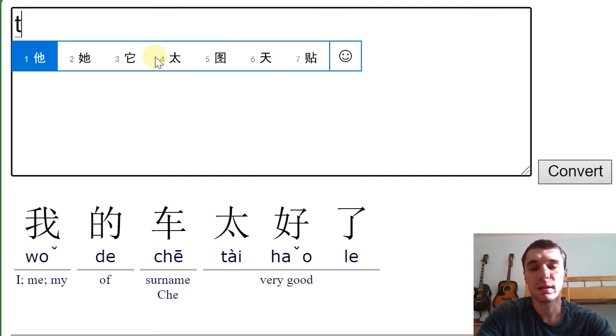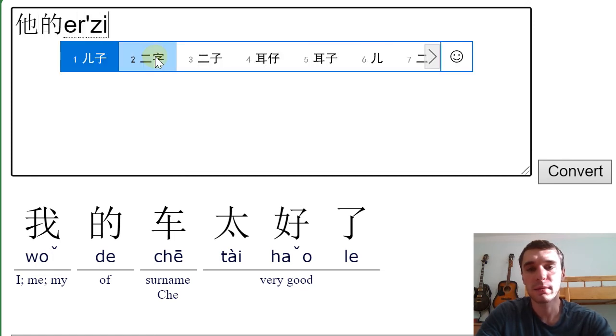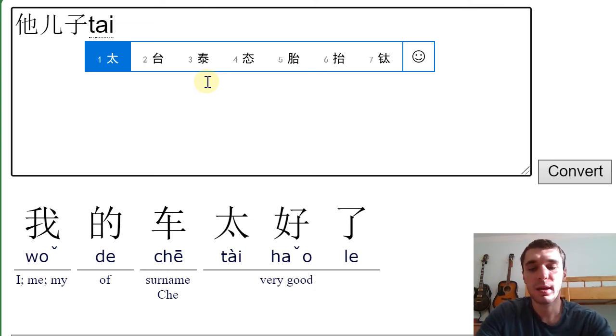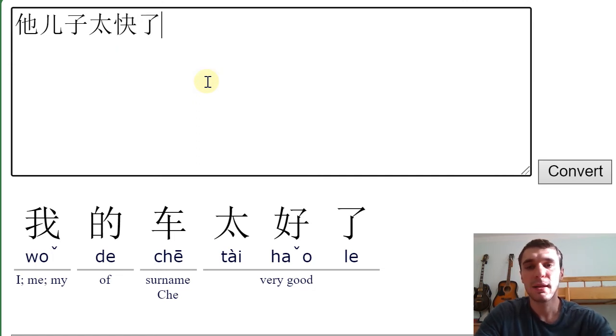So he, 他, his, 他的儿子, right? But before I said, with family members, no need to write the 的. So 他儿子, his son, he's so fast. 太 fast, 快了. 他儿子太快了. Okay.